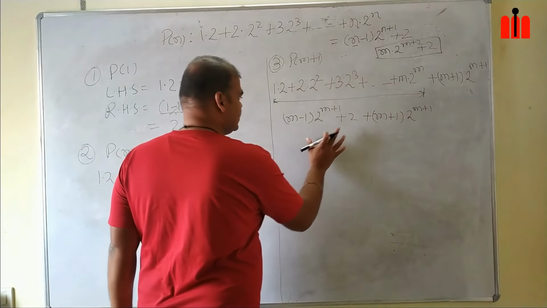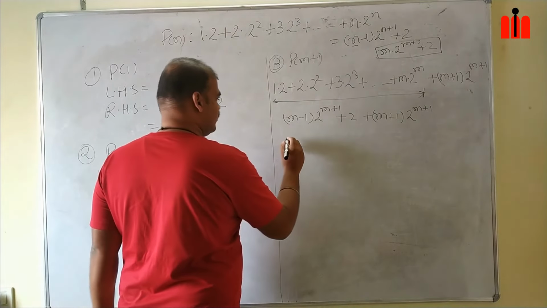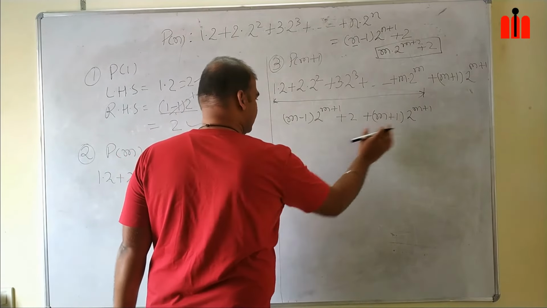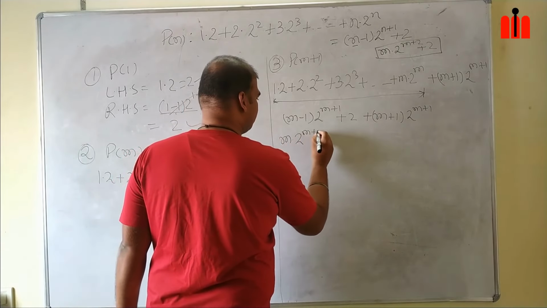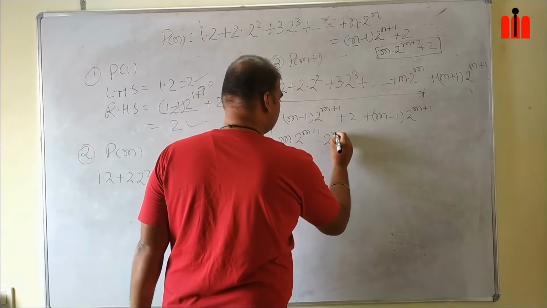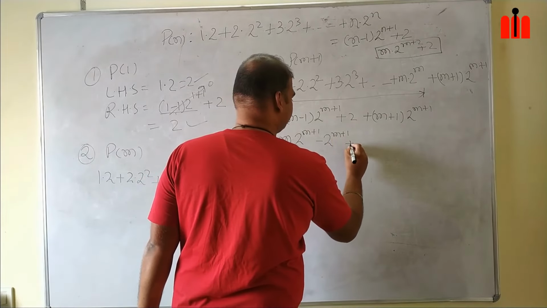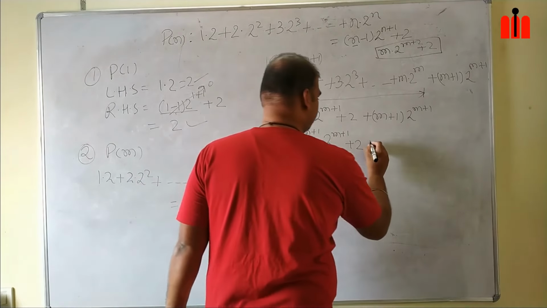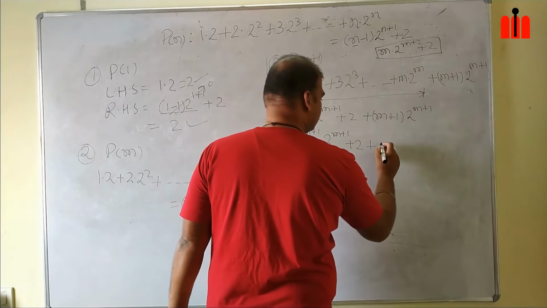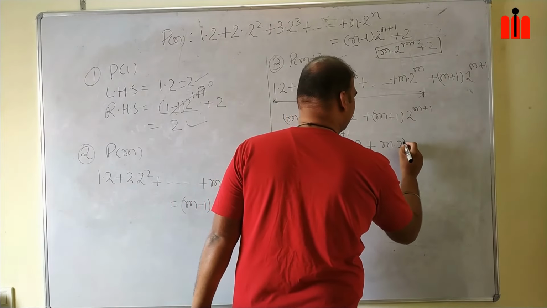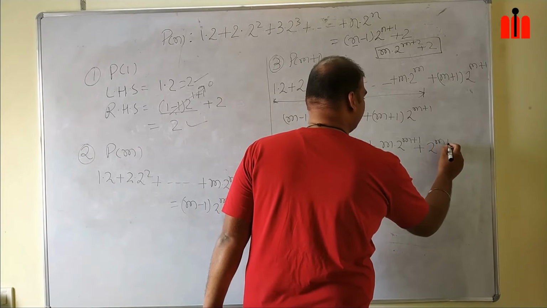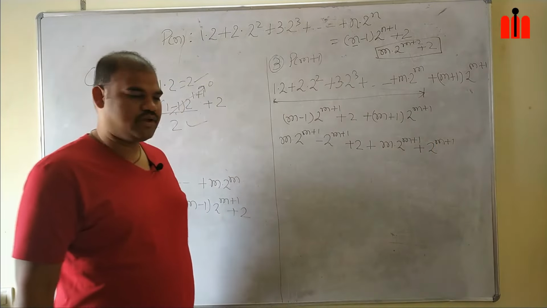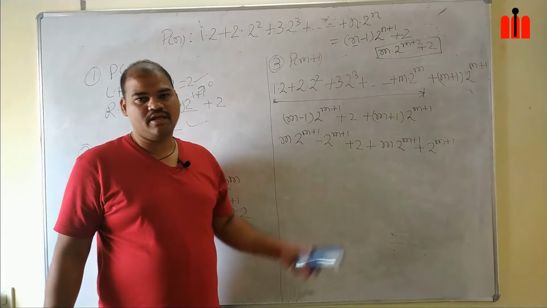Okay, so in this one, now you open this bracket, so you will get m into 2 to the power of m plus 1 minus 2 to the power of m plus 1, plus 2, plus this bracket also you open, then you will get m into 2 to the power of m plus 1 plus 2 to the power of m plus 1. So what you had done, you had opened the brackets.